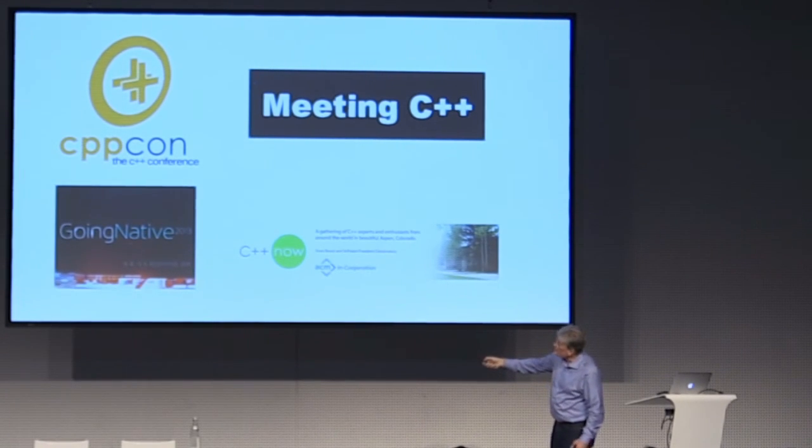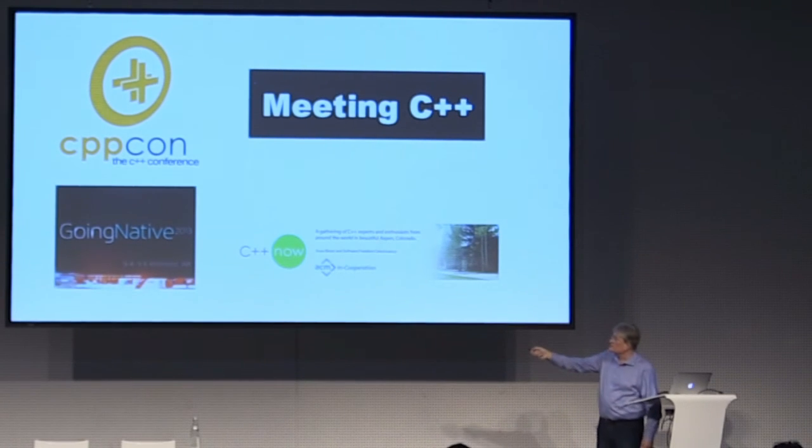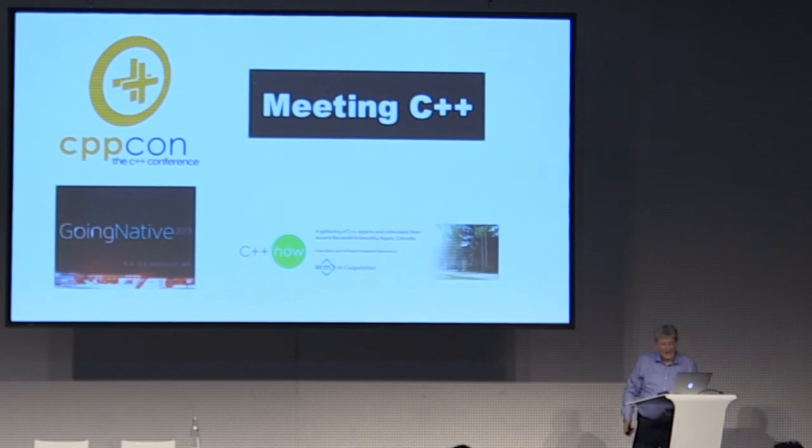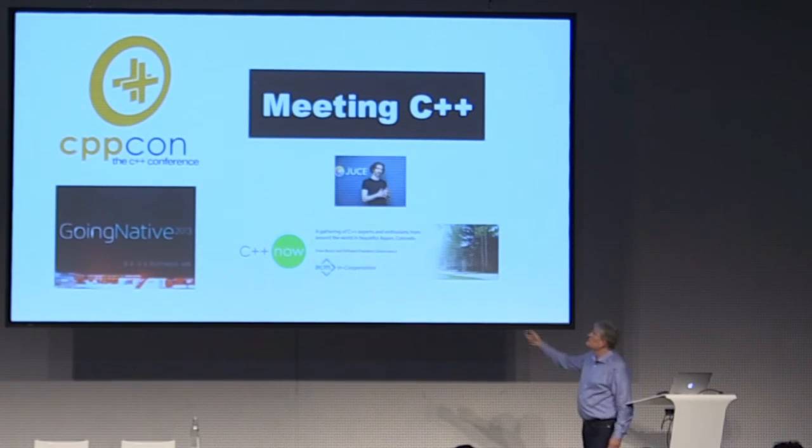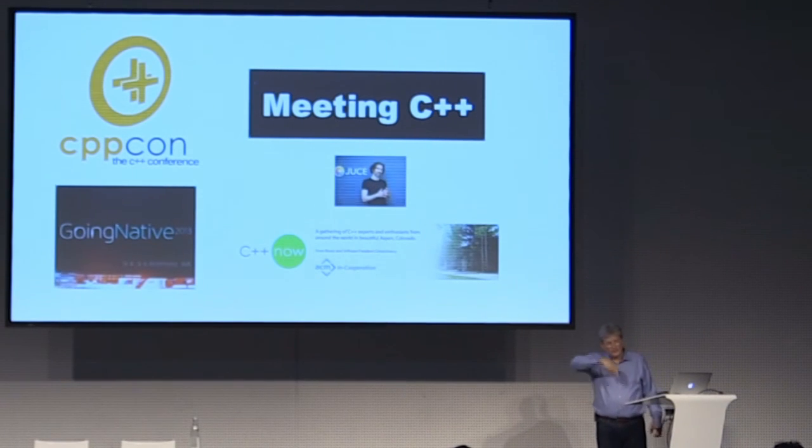Going Native is not going to happen again, but it was Microsoft, again, trying to attract attention to the fact that C++ was very interesting in trying to get app developers on their platform to write more performant apps. C++Now is a rename of a conference that existed before, but again, focusing on C++. And then there's another conference that's interesting to C++ developers, and that's the ADC conference, which just happened in England.